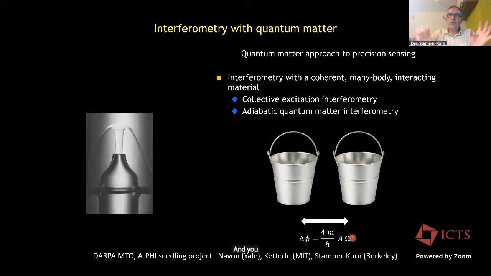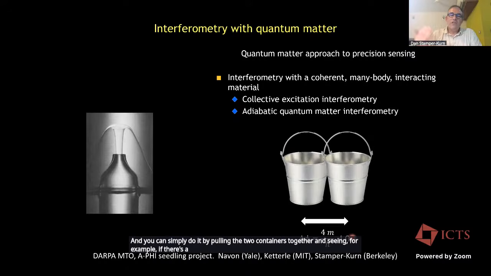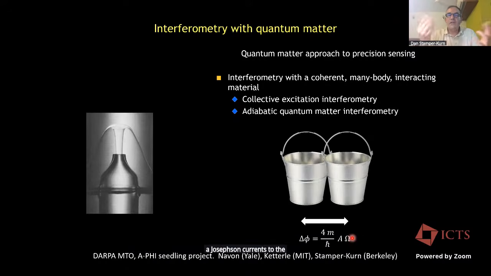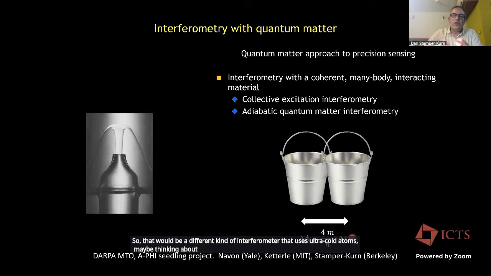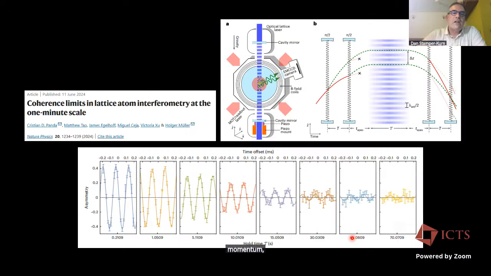And you can simply do it by pulling the two containers together and seeing, for example, if there's a Josephson current to the right or to the left. So that would be a different kind of interferometer that uses ultra-cold atoms, maybe thinking about them as a fluid rather than a wave. And this is an idea that's actually catching some momentum, haha.